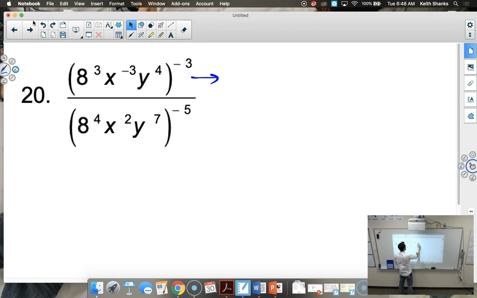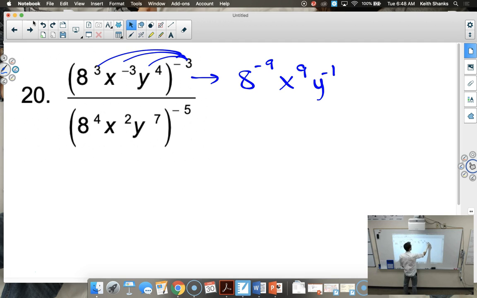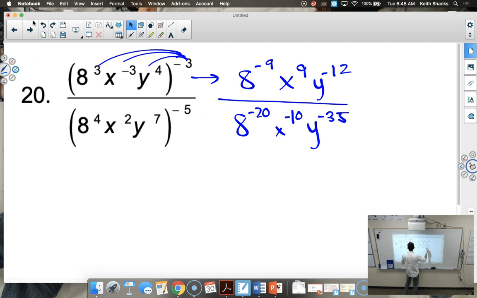So we're going to distribute this through to everything. 8 to the negative 9th, x to the 9th, y to the negative 12th. What I'm doing is multiplying 3 times negative 3, negative 3 times negative 3, 4 times negative 3, and then on the bottom, 8 to the negative 20, x to the negative 10, y to the negative 35th.